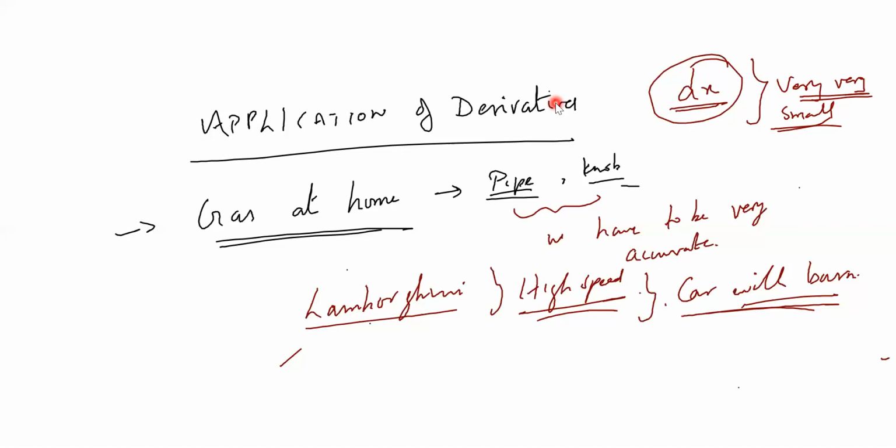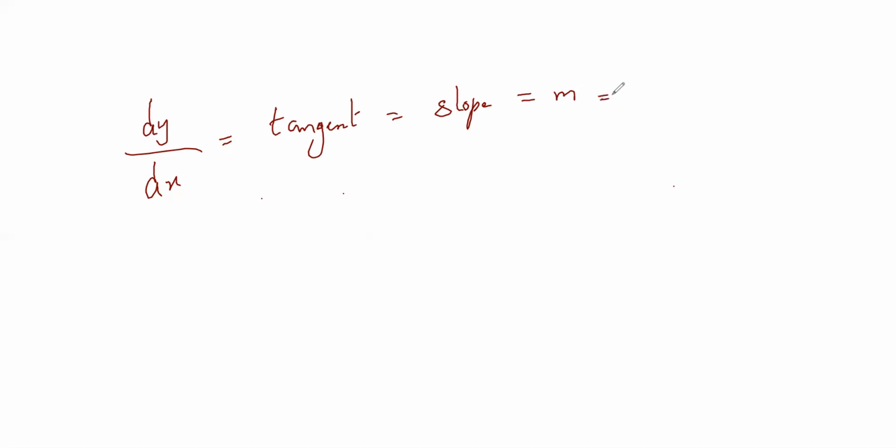Then one more thing which we want to know is dy by dx. What is this dy by dx? This is also called tangent. This is also called slope. This is also called m. Correct? Yes or no? And what is this also called as?